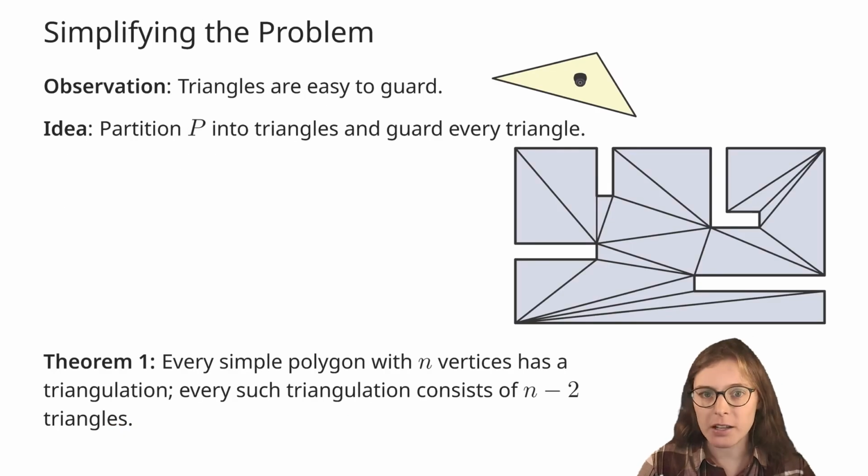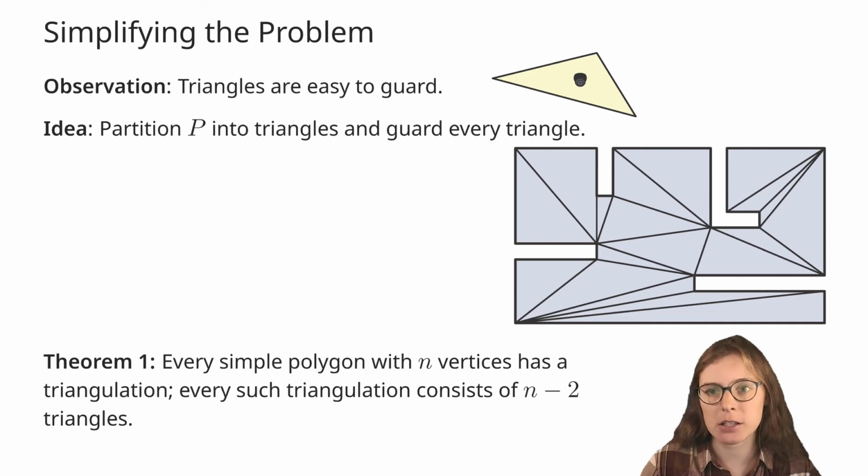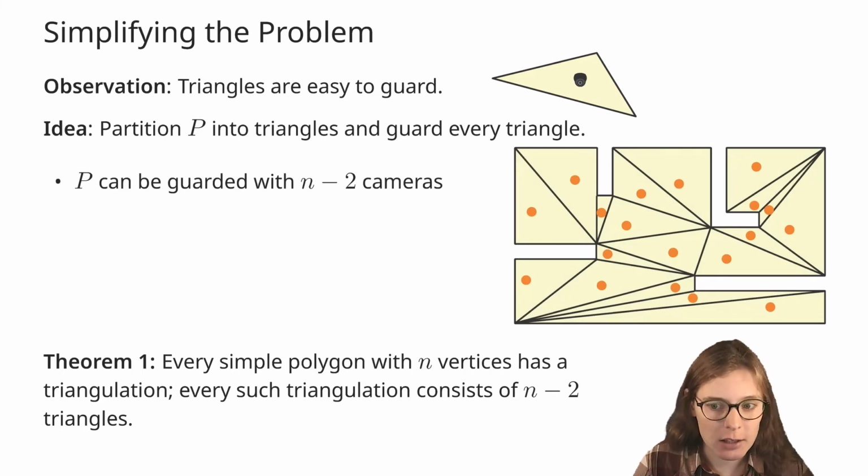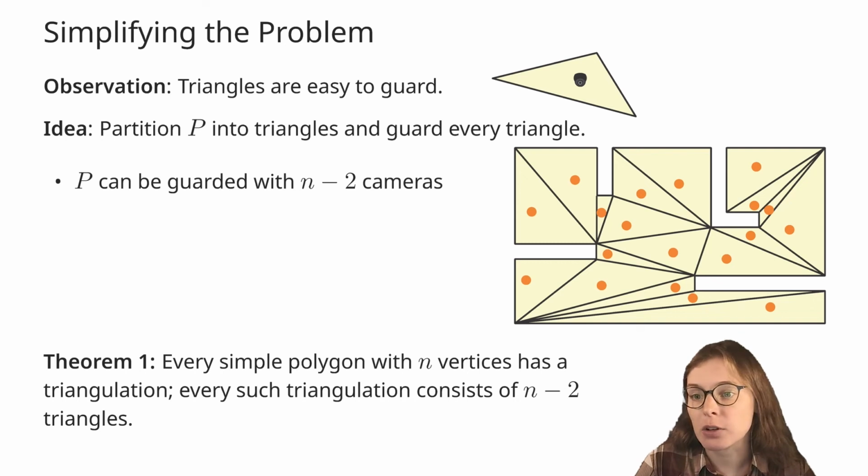Back to the art gallery problem. We have observed that guarding triangles is easy, and we have just proven that any polygon P can be triangulated into n minus 2 triangles if P has n vertices. So now we can simply triangulate the given polygon P and place a guard or a camera inside every triangle.